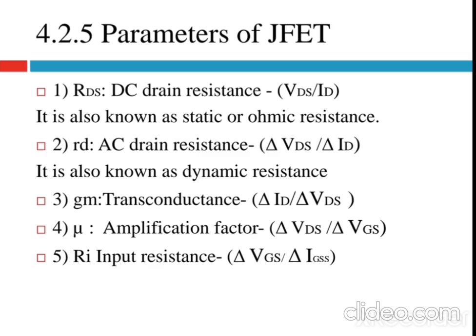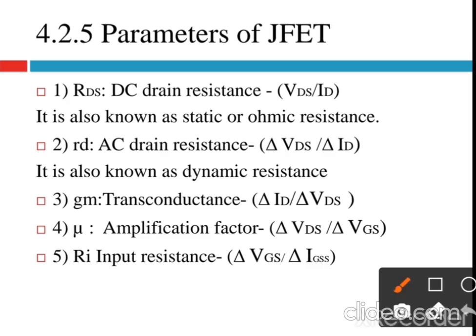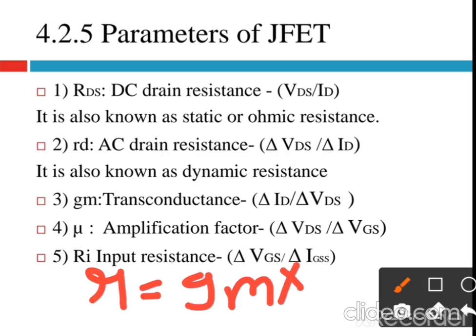The amplification factor mu can also be expressed as the product of transconductance gm and AC drain resistance rd. So this is another expression by which we can represent the amplification factor.